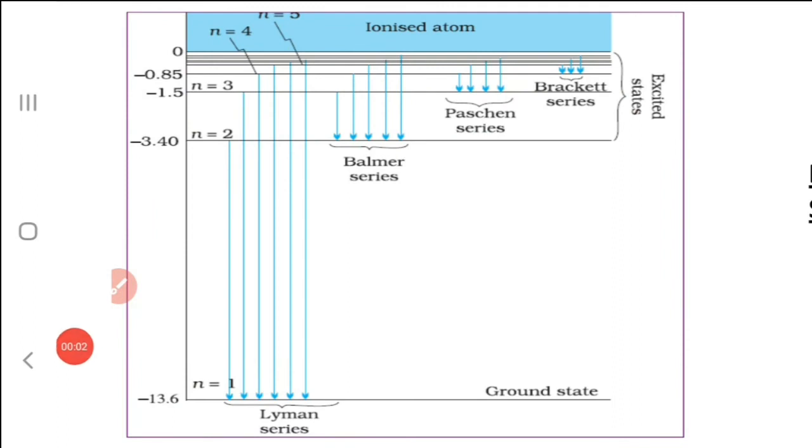This diagram shows the spectral series of the hydrogen atom. As I said, it is the value of n1, that means the final energy level, which decides what series it is. If the electrons make transitions from higher energy levels to the n = 1 level, that set of spectral lines is represented here.